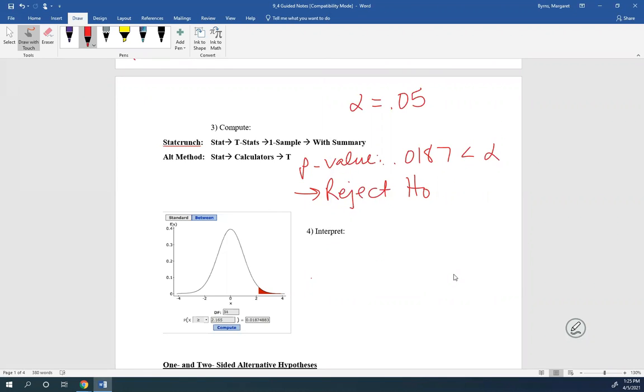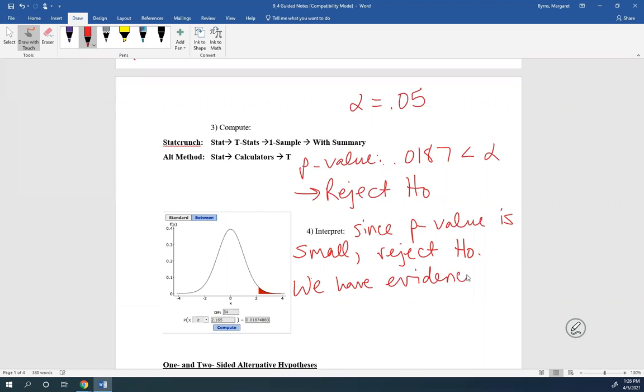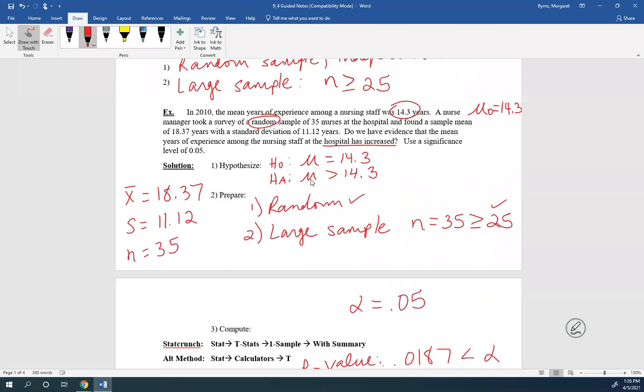So let's go ahead and write some things down. So we're going to say since the p-value is small, we're going to reject the null hypothesis. This means we have evidence to support the alternative, and the alternative was what? The alternative was that the mean number of years of experience for these nurses has gone up from 14.3.